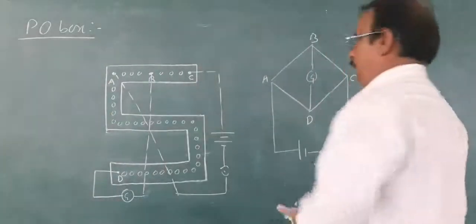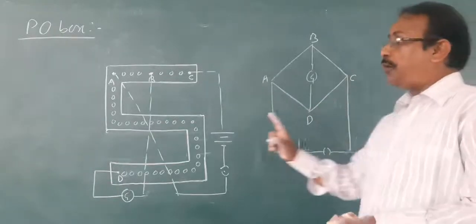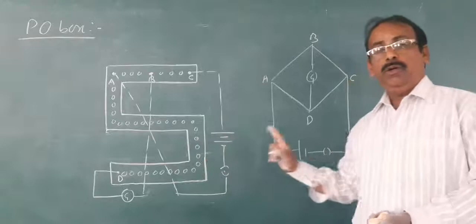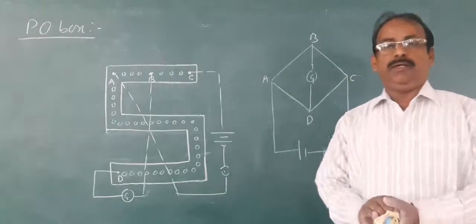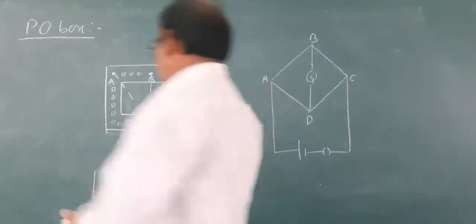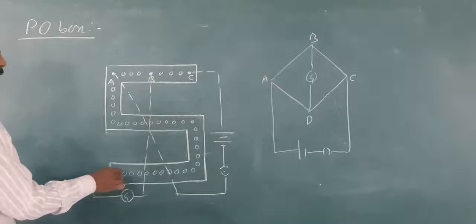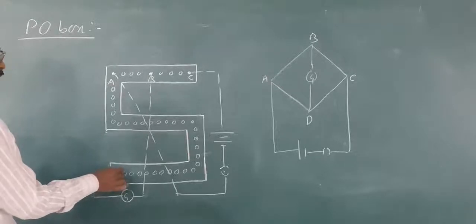And in this last fourth branch, which is not shown in this figure, unknown resistance is connected in this DC branch. Show it like this.